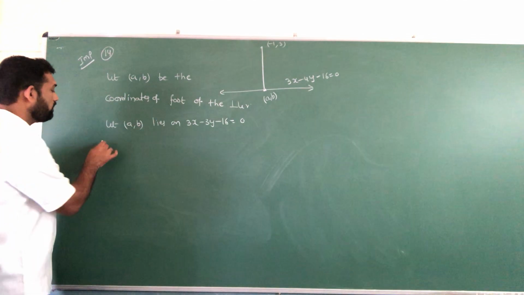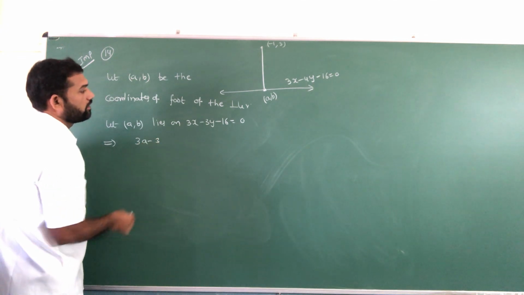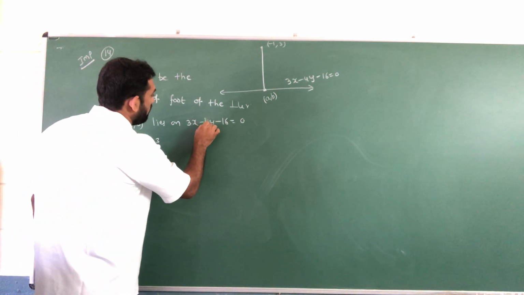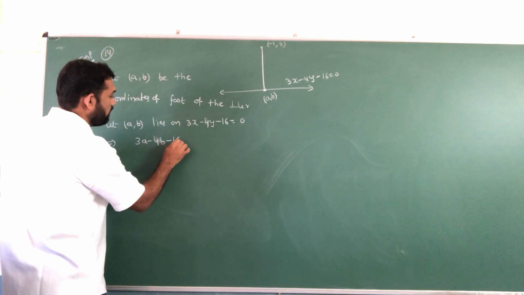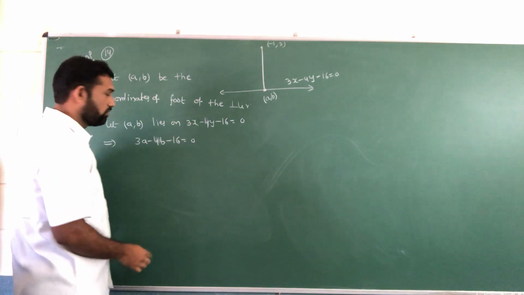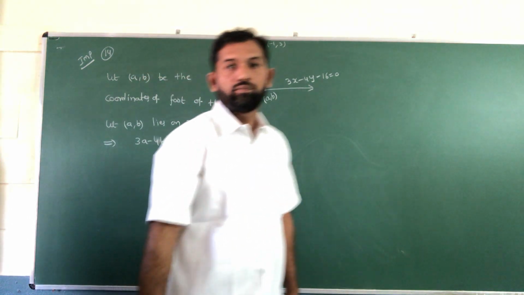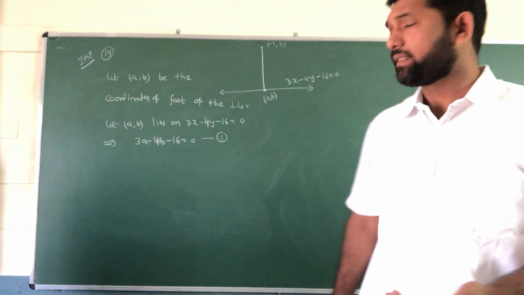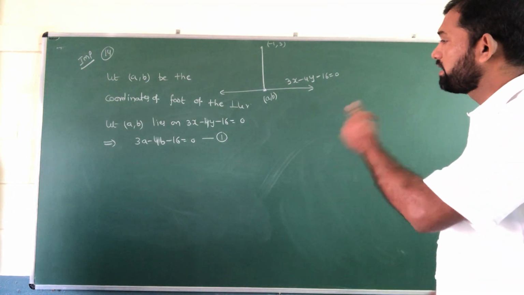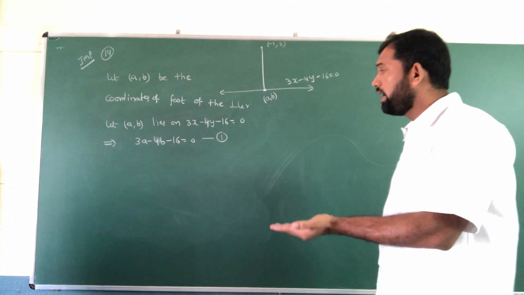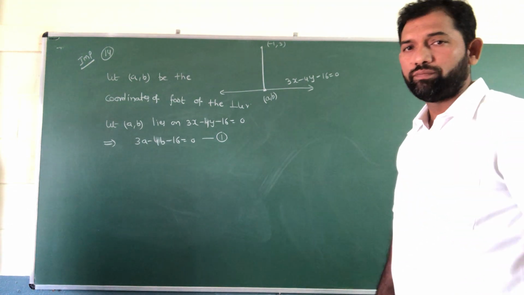Lies on means the equation should be 3a minus 4b minus 16 equal to 0; I made a small mistake here. That is equation number 1. Since (a, b) lies on the line, it is already satisfied. Note down fast.